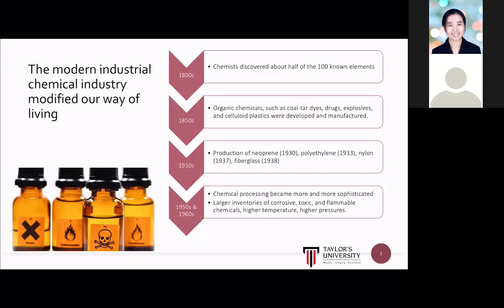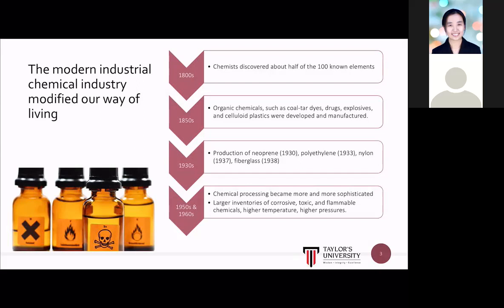Okay, so here's a little bit about history. Just now we talked about scaling Panadol from 10 mL to 10,000 metric tons a month. In the 1800s, chemists only knew about 100 types of chemical elements. If you see the progress of chemical discoveries and chemical production over the years, nowadays, for you who are graduating soon, the chemical processes that you are going to be involved in are huge.